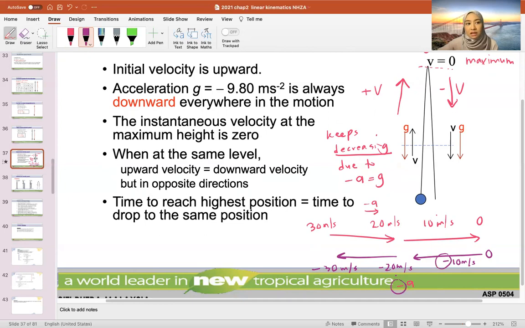Remember, if the signs are the same, the magnitude of the velocity is increasing, walaupun dia negatif dengan negatif. So the magnitude of v is increasing. And in this case, kita punya acceleration negative and our velocity is positive, so our magnitude of velocity will keep on decreasing.